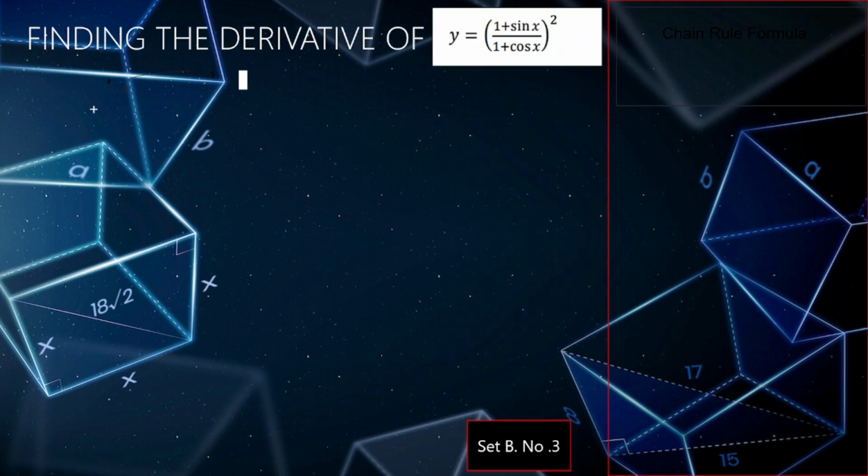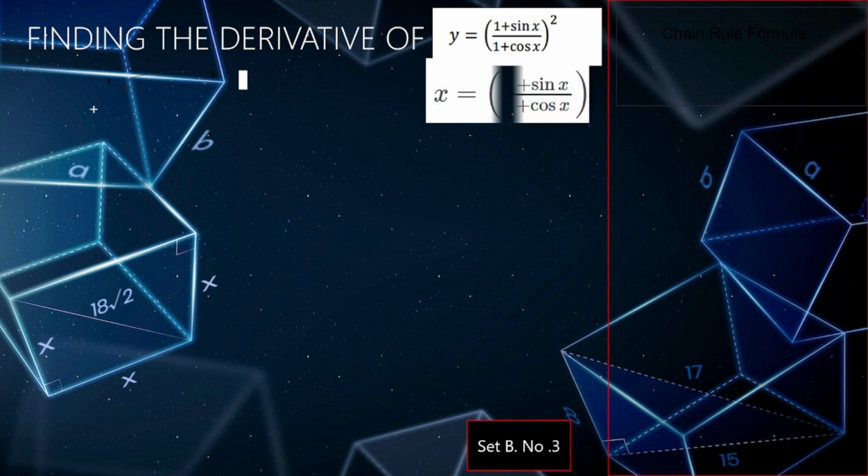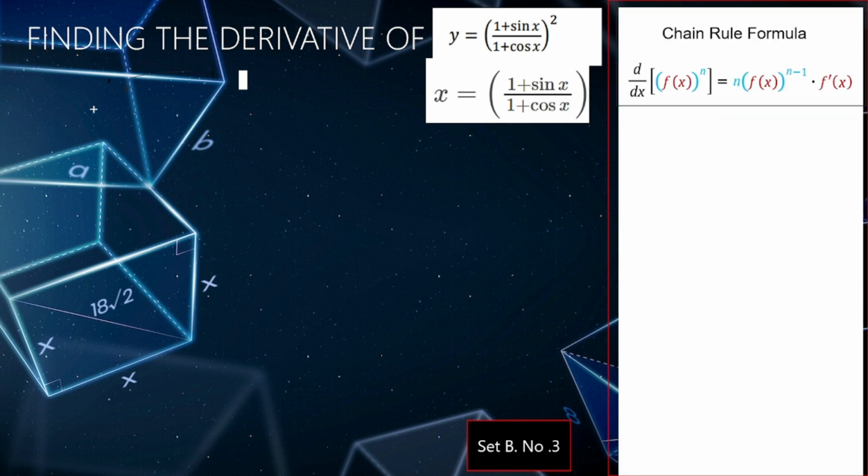Finding the derivative of y is equal to the quantity 1 plus sin x over 1 plus cos x, squared. To find the derivative of this function, we need to use the chain rule formula. Therefore, our u is 1 plus sin x over 1 plus cos x.